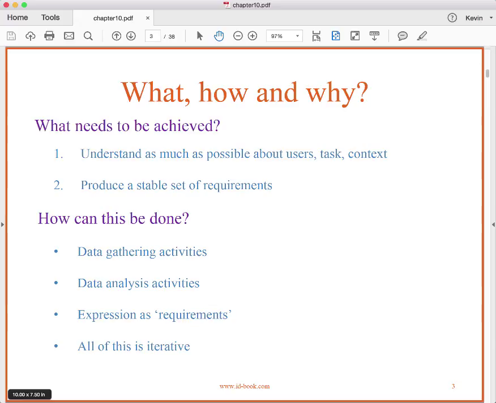You remember that we talked about data gathering already, and we talked about data analysis. And on one level, it has to do with, say, user studies, right?